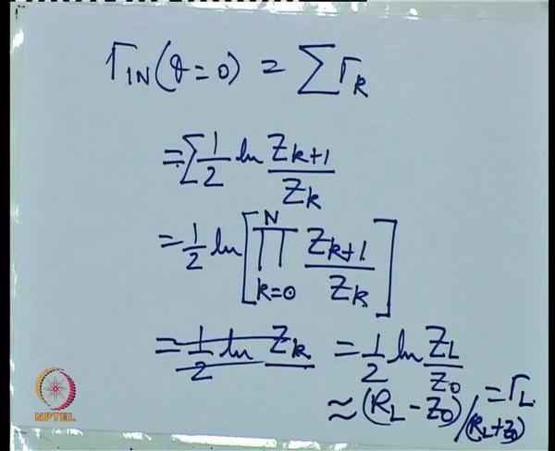So in summary, we see two things from this module, what we have discussed. First is the concept of single reflection at various junctions, that is, only the incident waves get reflected, and the reflected waves themselves will not again get reflected. And the second, based on this single reflection theory, we obtained a very simple expression for the input reflection coefficient of a cascade of n transmission line stages.